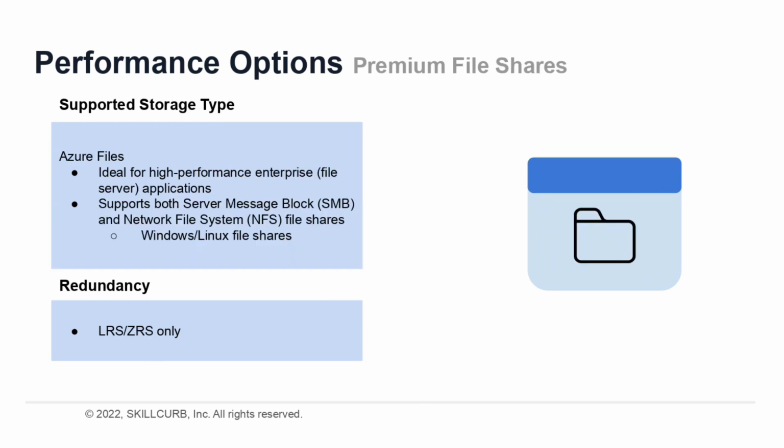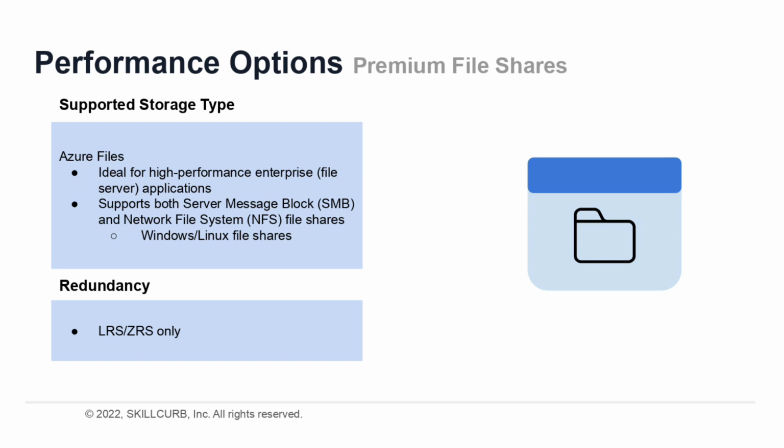Finally, our last premium storage type is that of premium file shares, which again, as the name indicates, supports Azure Files as a storage type. This is ideal for high-performance enterprise applications that would typically run off of an on-premise file server. However, in this case, you want to use Azure Files as your high-performance cloud-based file server application.